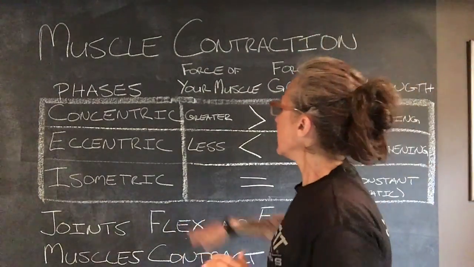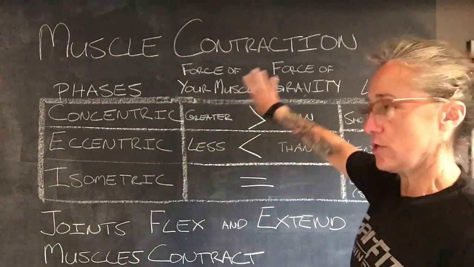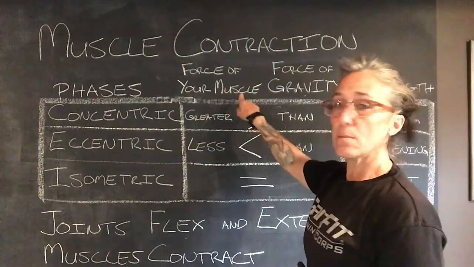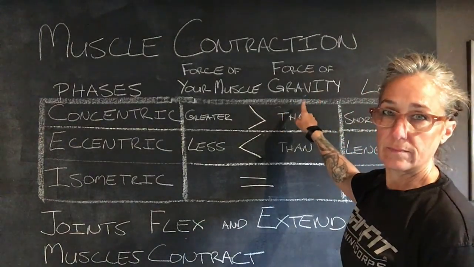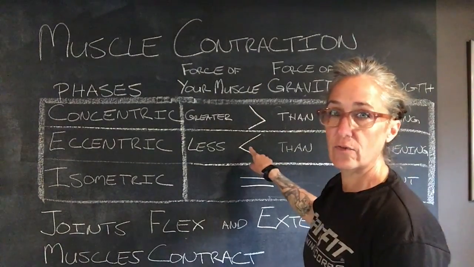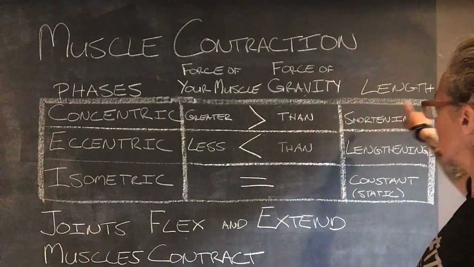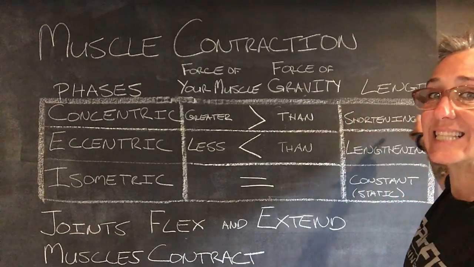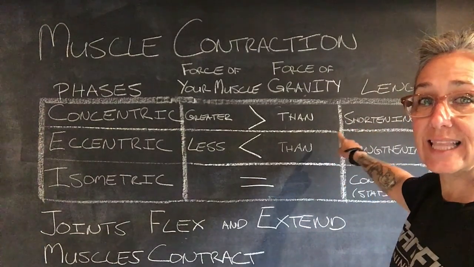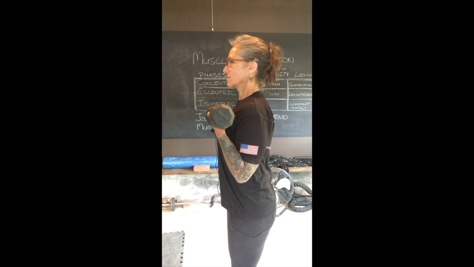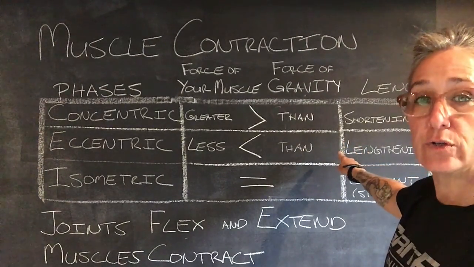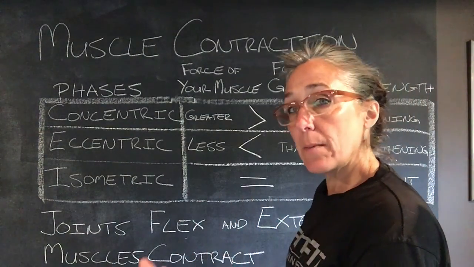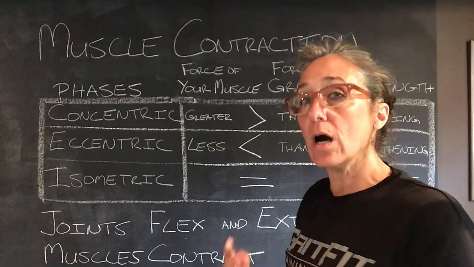Now, in the eccentric phase of the muscle contraction, using the same statement, the force of your muscle is less than the force of gravity. What's happening to the muscle in that phase is it's lengthening, and that looks like this. As I return the dumbbell back to the starting position, it's still under my control, right?